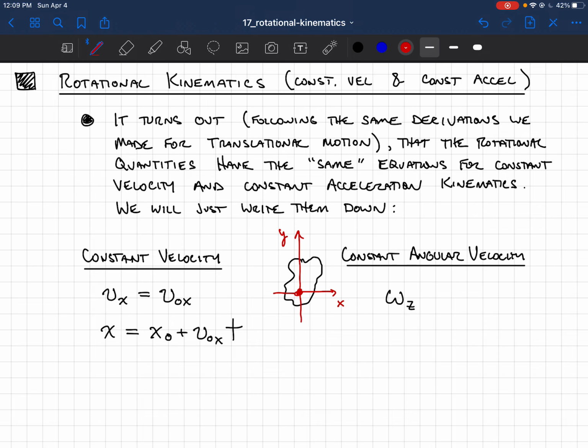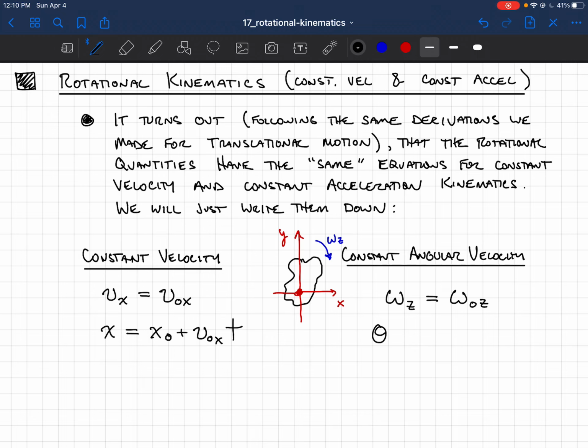So if this is x and y, then the axis is actually the z-axis. And then we can call it omega z because it's the omega around the z-axis. So for constant angular velocity, we say that omega z is just constant. So it's equal to omega naught z. It's always equal to the same value.